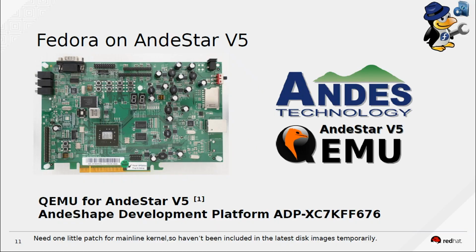Andes took great effort on this, and I very much appreciate that because they push everything upstream. And we just need a very little patch for the mainline kernel. Although it hasn't been included in the latest disk imaging temporarily, I believe we just need a very little patch. Once this patch is upstream, we can officially support it in our Fedora imaging.